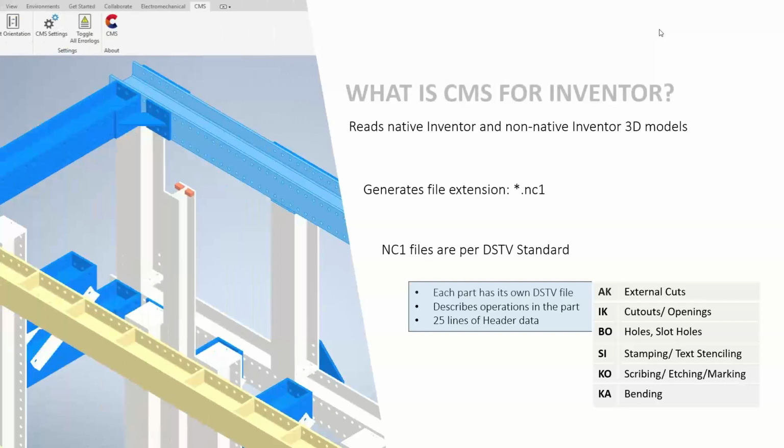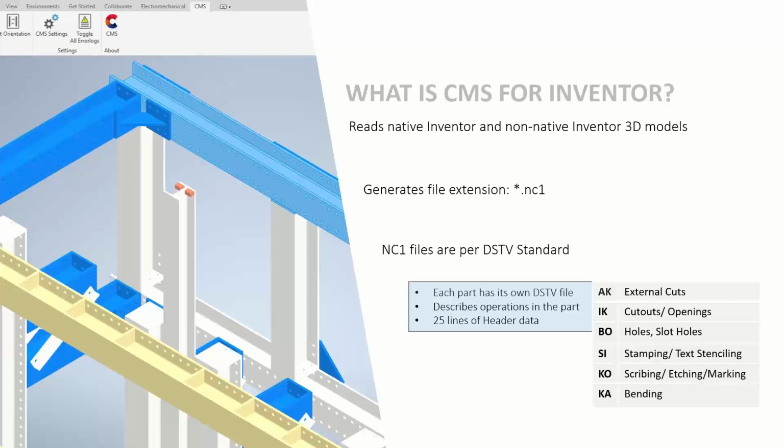So what is the CMS for Inventor? The CMS for Inventor reads your native Inventor parts, and it can also read your non-native parts, like your STEP files, your IGS and SAT files, that kind of stuff. The file extension that we have on our software is .nc1. You probably know that we might have both .nc and .nc1 file extensions.